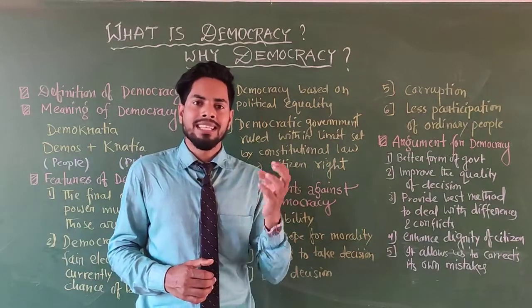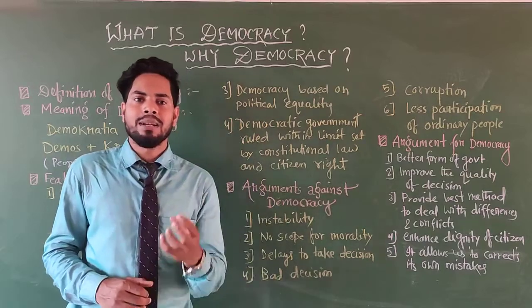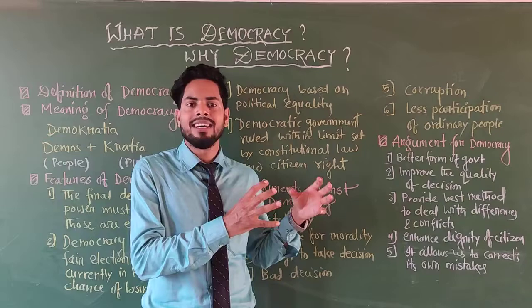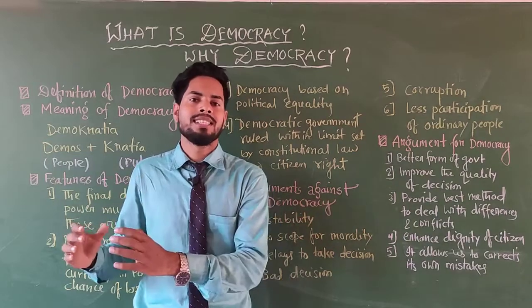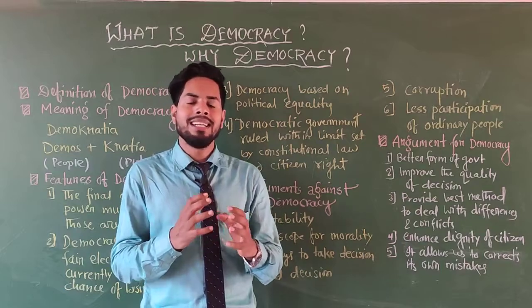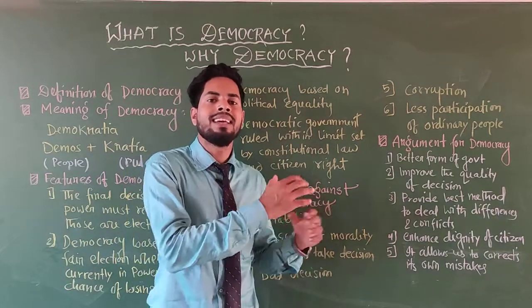No, they must follow the rules and regulations mentioned in our constitution, and also guarantee the rights of the citizens. So in democracy, leaders always obey the constitution and rule within limits.